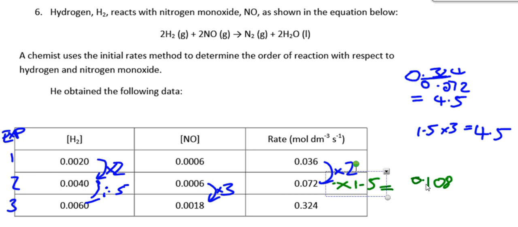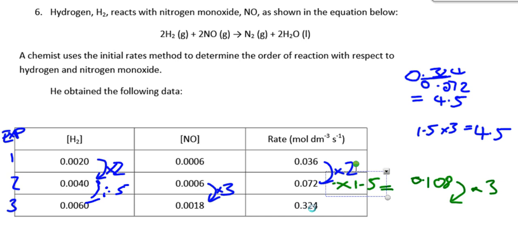Now what you should find is, if I times that contribution by the contribution of NO, so times it by 3, I should get 0.324.